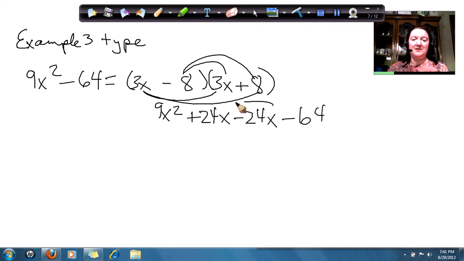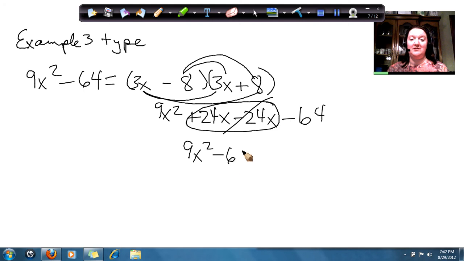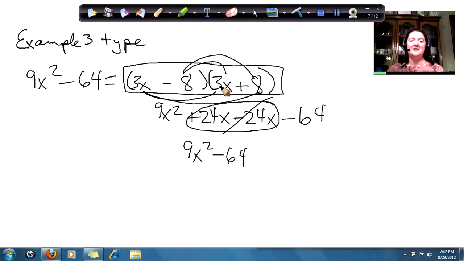And you'll notice that these are exact opposites of each other, so they'll cancel each other out. How convenient. So now we have 9x squared minus 64. So I know that I factored it correctly into 3x minus 8 and 3x plus 8.